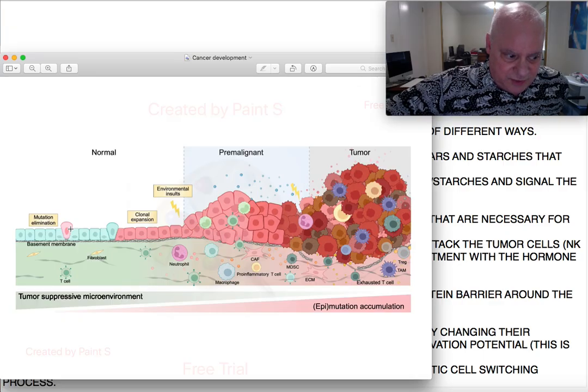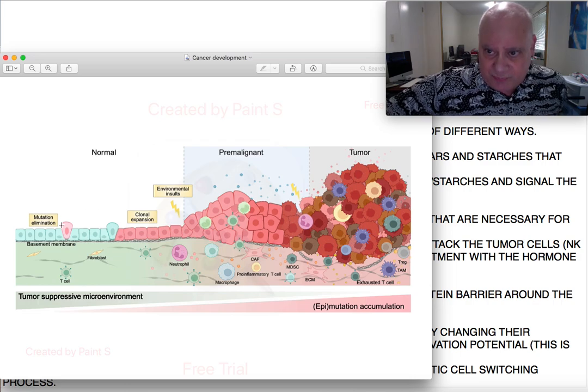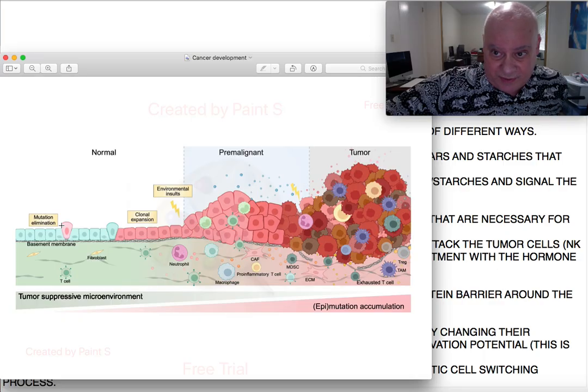So human bodies and animal bodies too have always been dealing with cancer ever since they've existed. So your body has developed a whole bunch of ways to defend itself against the development of cancer, to prevent this cell from ultimately becoming these cells. And one way your body tries to prevent this is all cells have a lifespan. They can only reproduce a certain number of times before they die.